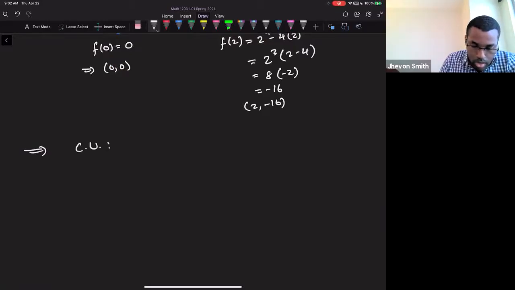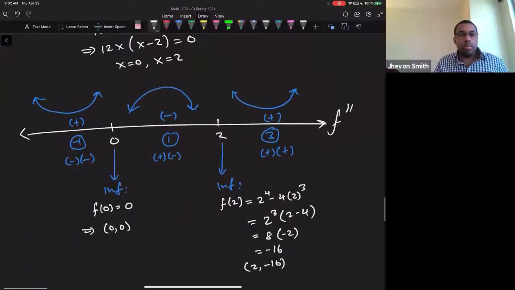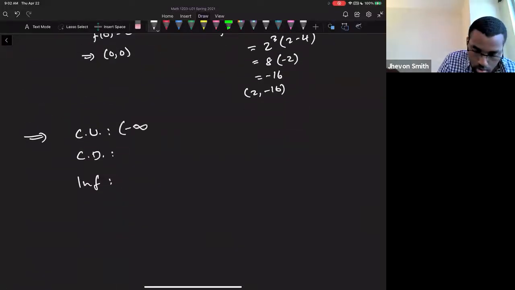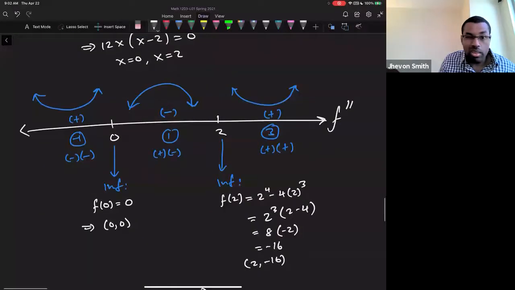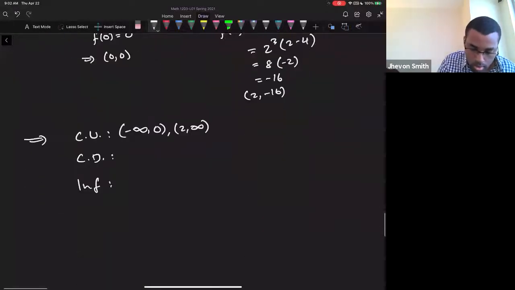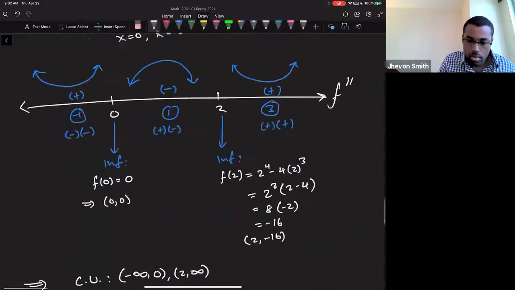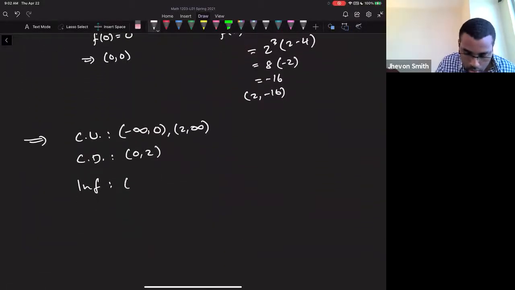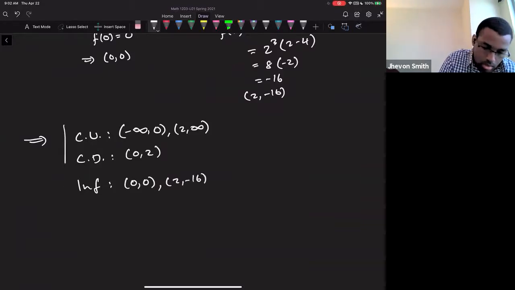And so we can do our little summary here. Concave up, concave down, inflections. We're concave up from negative infinity to 0 and from 2 to infinity. We're concave down from 0 to 2. And we have inflection points at the origin and at 2, negative 16.